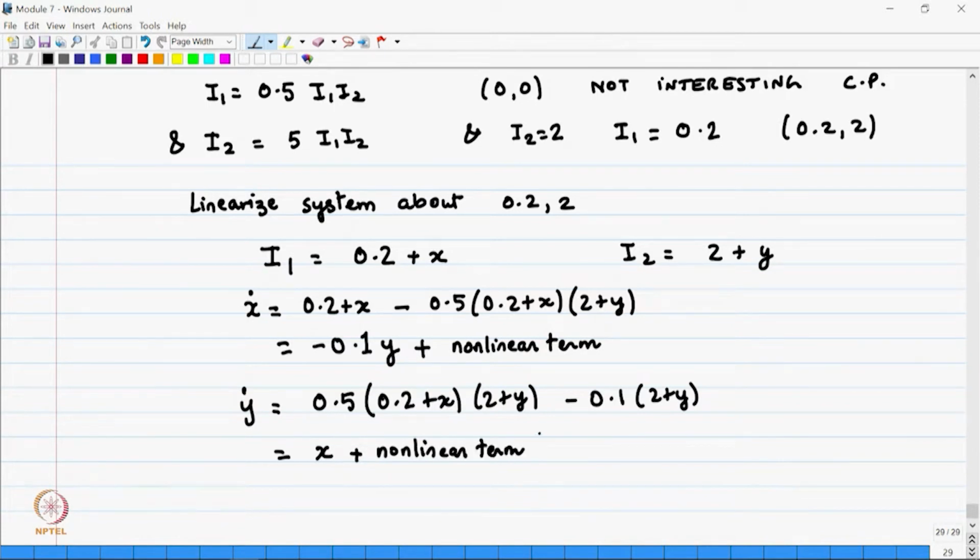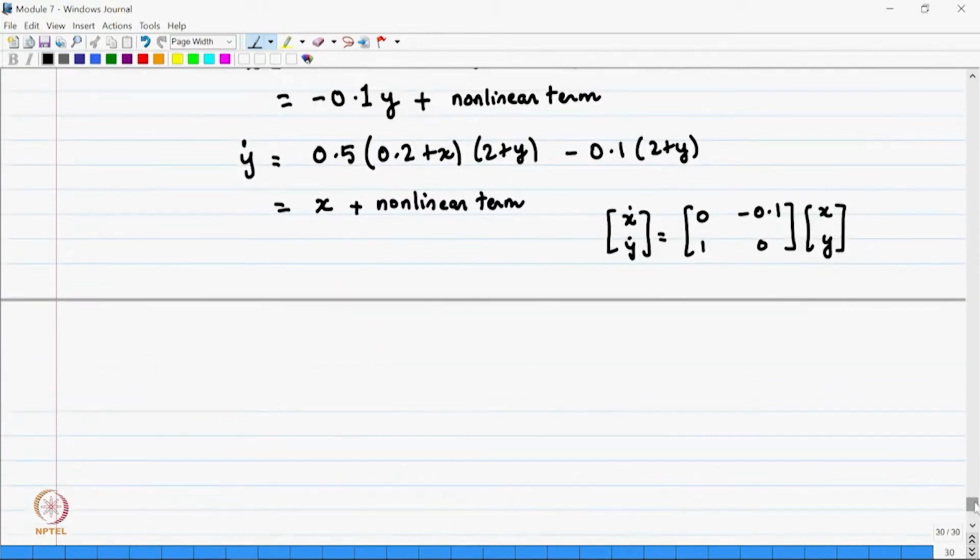Okay. So our linearized system looks like this: x dot, y dot is equal to the matrix 0, minus 0.1, 1, 0. Okay.